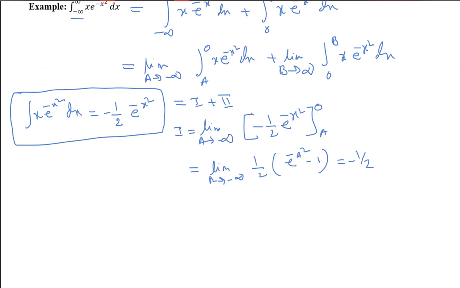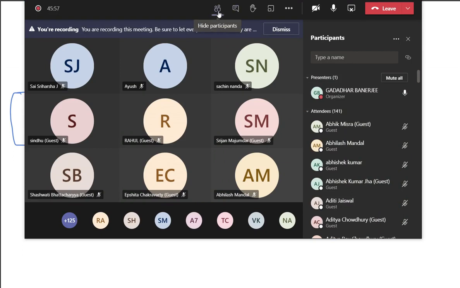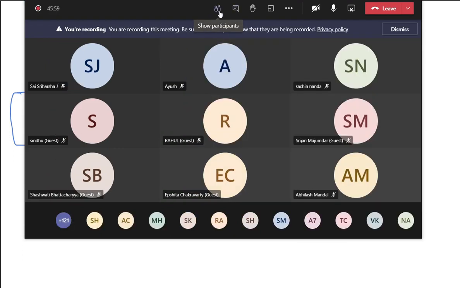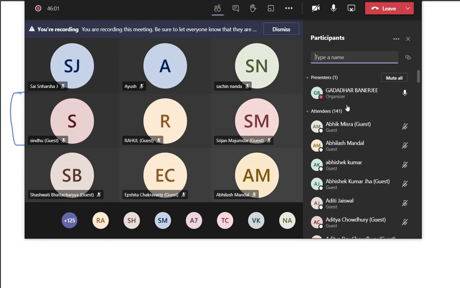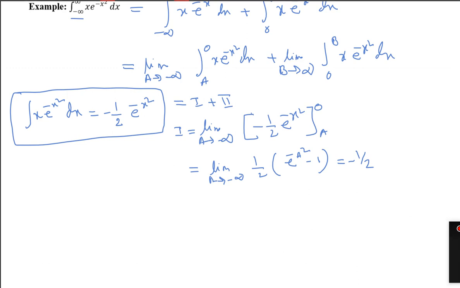I don't know why he is not able to join. There is no limit here also. Anyone can join. How many participants are there? Number of participants are only 141. He can join easily. Why he is not able to join, I don't know. Okay, sir, I'll tell him. Ask him to disconnect everything and rejoin again. Okay, sir.